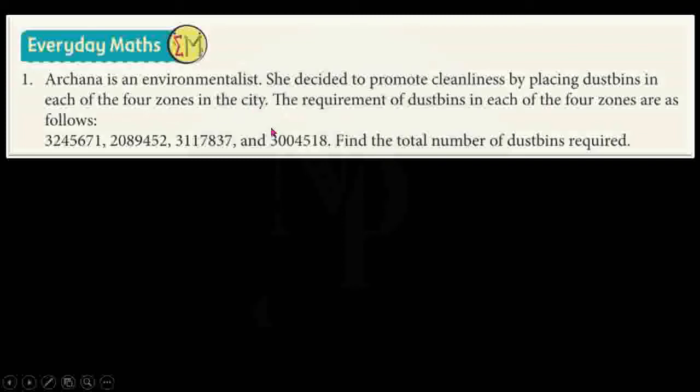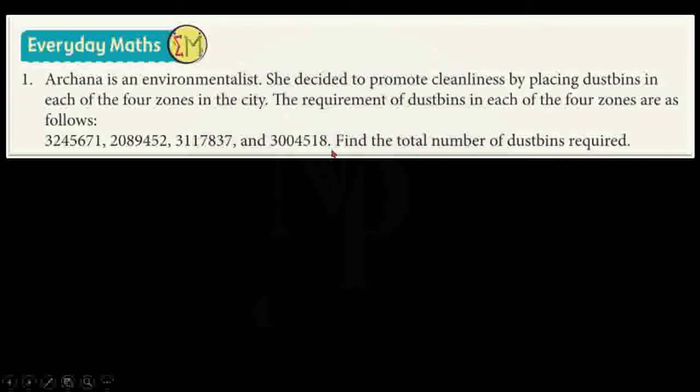In a city there are 4 zones, maybe like north, south, east, west. In all the 4 zones she wished to place dustbins, and also she has the requirement of the number of dustbins in each zone, which are given here. We have to find the total number of dustbins required.